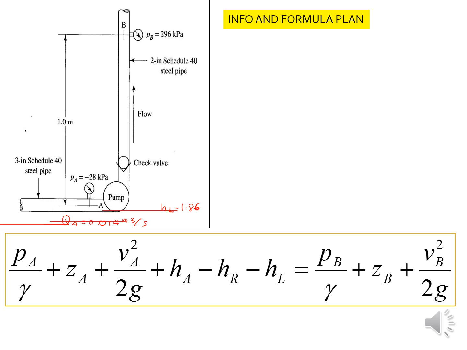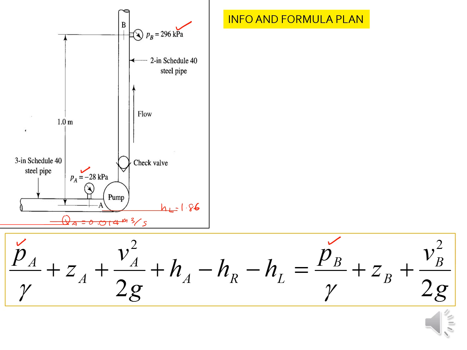So let's check what information is already provided from the diagram. For example, the PA is already given here, and also the PB, which is 296 here, and ZA and ZB.